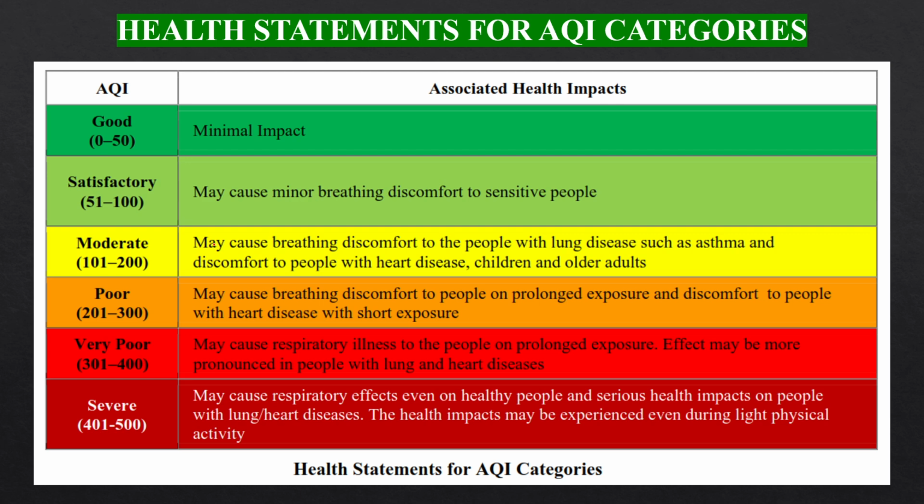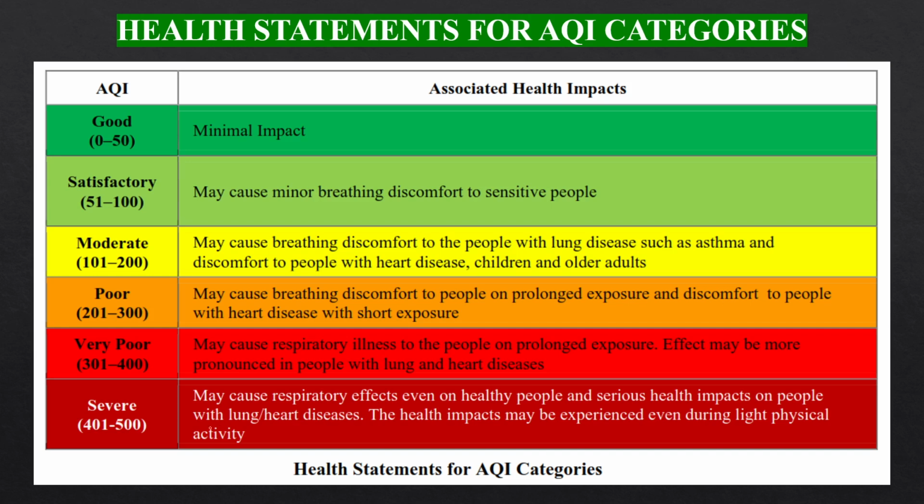Moderate, which is 101 to 200, may cause breathing discomfort to people with lung disease such as asthma, and discomfort to people with heart disease, children and older adults. Poor, 201 to 300, may cause breathing discomfort to people on prolonged exposure and discomfort to people with heart disease with short exposure. Very poor may cause respiratory illness to people on prolonged exposure. Effect may be more pronounced in people with lung and heart disease.